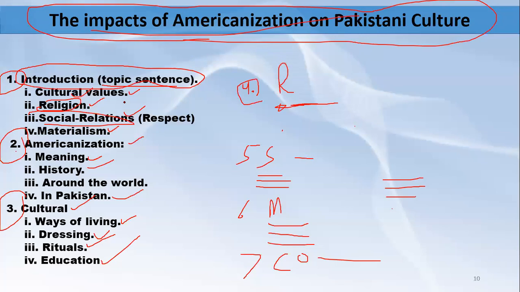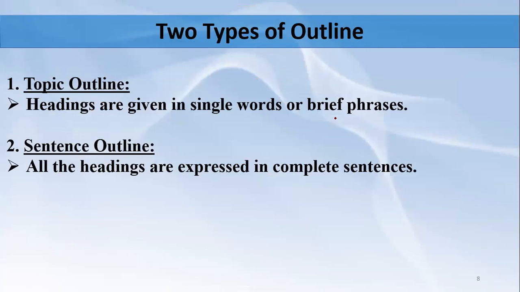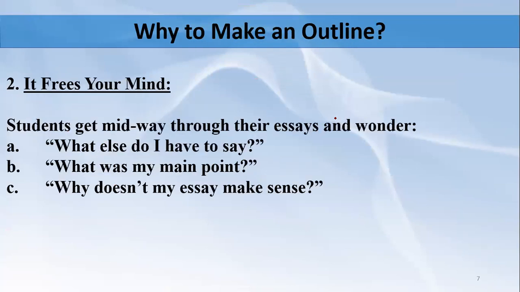Sometimes we'll be talking about the impacts of Americanization on Pakistani culture, in the very next sentence about its impacts on Pakistani religion, and in the next sentence about the psyches or cultural values of the people. Simply, there will be no order, no coherence, no unity, no organization in our essay.